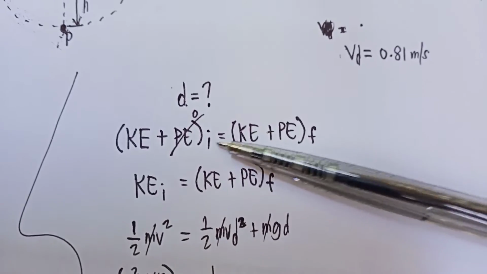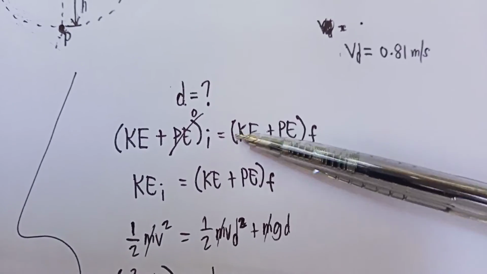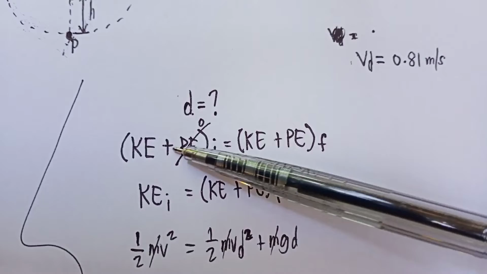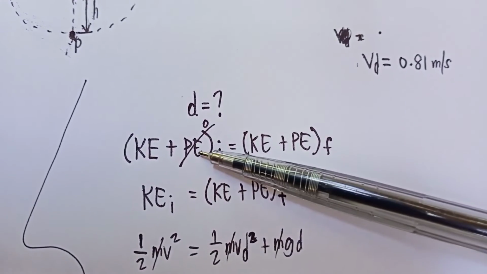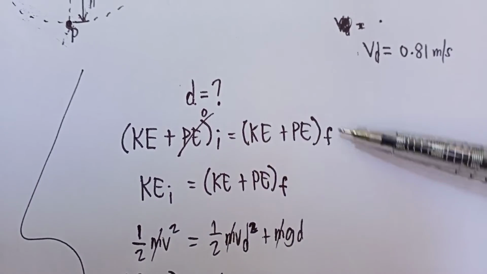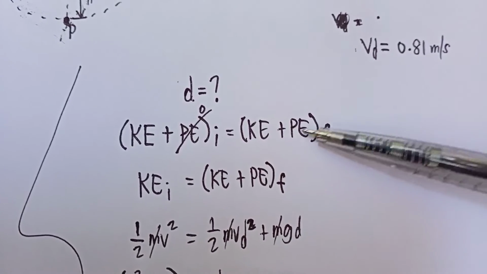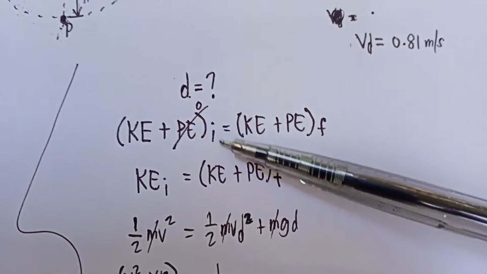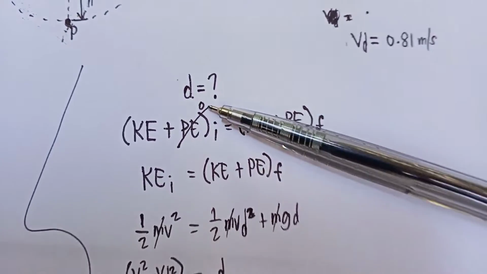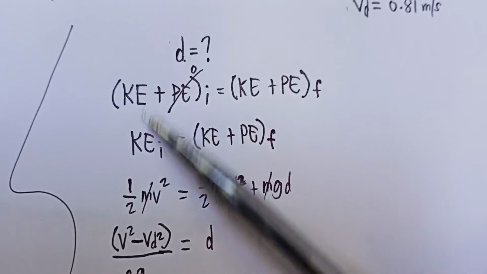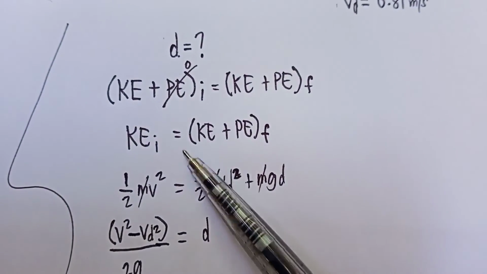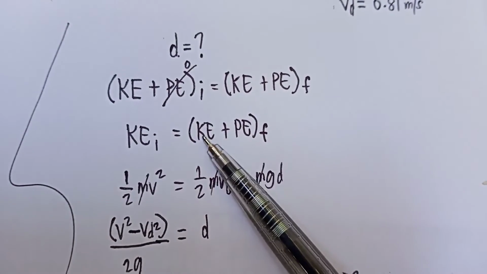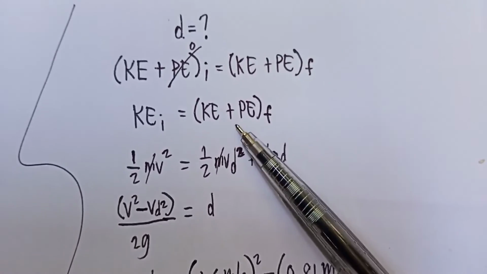So ato gyapon isulat ang energy balance equation, which is initial kinetic energy plus initial potential energy equals final kinetic energy plus final potential energy. So cancel out na ato ang initial potential energy, which is ang iyahang value is 0. Then the remaining is initial kinetic energy equals final kinetic energy plus final potential energy.